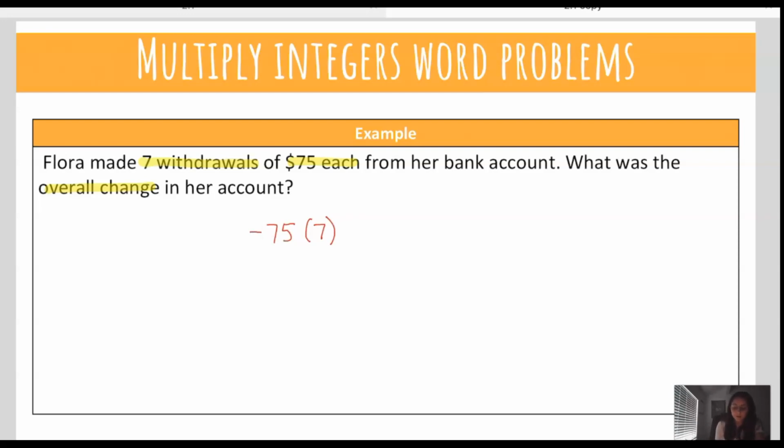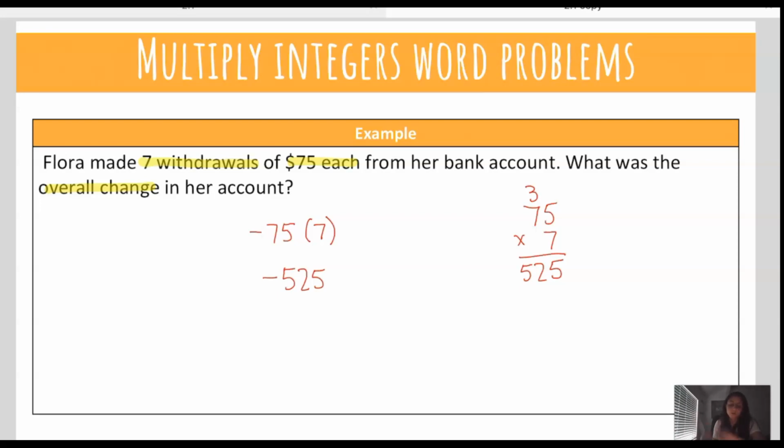Well, multiply your numbers, 75 times 7. You can write it vertically if you like. And you get 525. And we had a negative times a positive, so our answer is negative. Or you can think of it as we're taking money out.